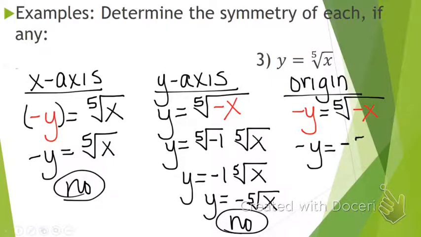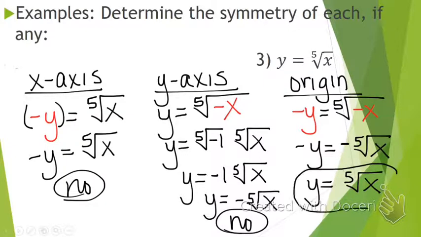So that's just a negative fifth root of x. Looking at it, you may think, oh, this is not the same because both sides are negative. Actually, they are the same because we can easily divide both sides by negative 1, and we will be back where we started.